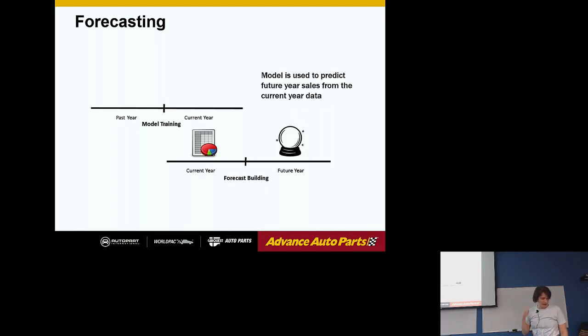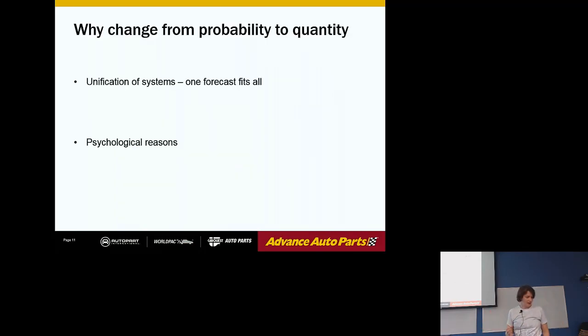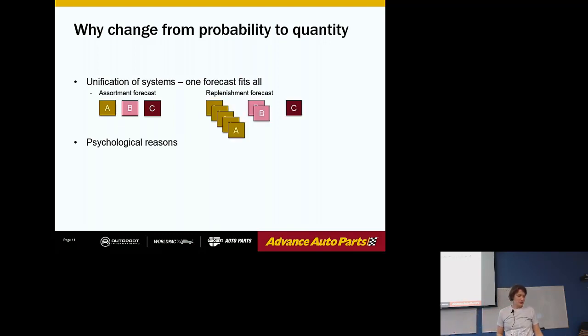Okay. Now that we've discussed what those forecasts are doing, immediate question, why did we decide to make that change? Because it was, of course, much easier not to do it. And one issue with having a forecast which predicts probabilities is that it, of course, works for creating assortment. It does not work for creating replenishment. So replenishment is like, how many units do we need in our store?